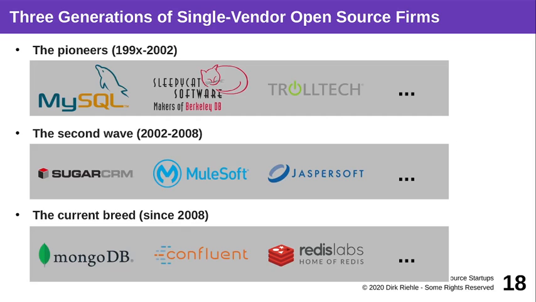And that second wave therefore focused on enterprise software, in particular if there was a somewhat limping incumbent that could be beaten. And hence we got SugarCRM, MuleSoft, Jaspersoft, and so forth. So a lot of focus on CRM, not just because Siebel could possibly be beaten, but because it was also still a large untapped market. Same thing with BI, Jaspersoft, Pentaho, there were others. BI was also a big market.